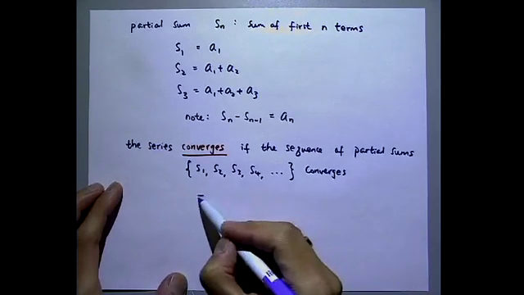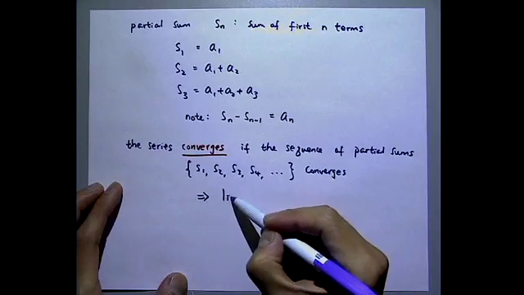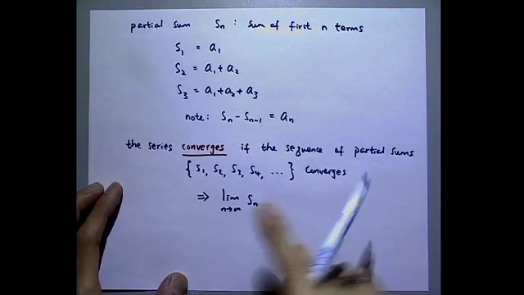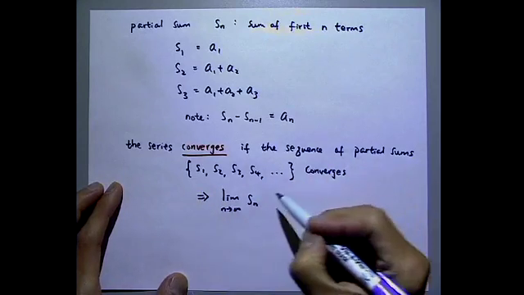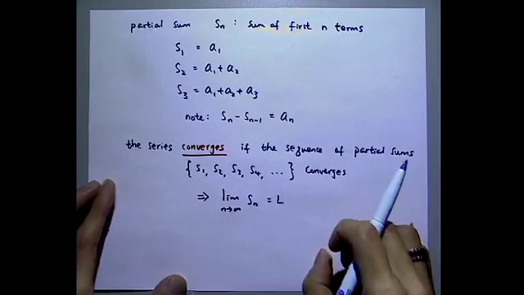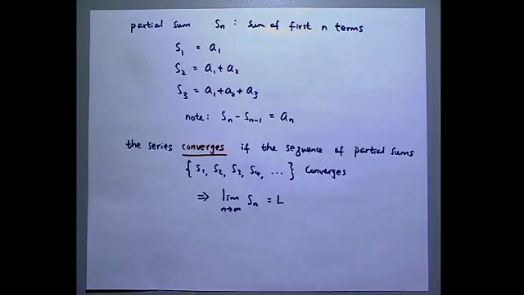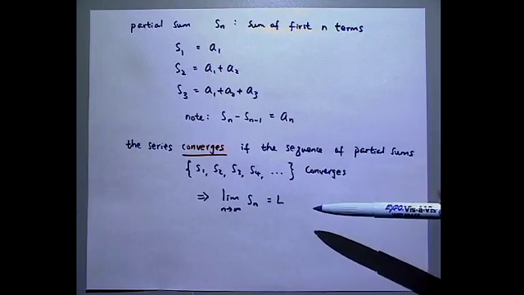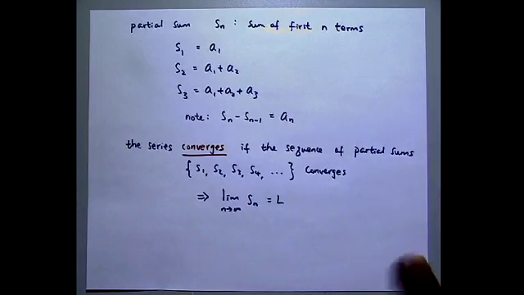So this means the limit as n goes to infinity of the nth term in that sequence must approach an ordinary number, not infinity and not minus infinity. So that's a definition of a convergent sequence. The last term has to approach some number.